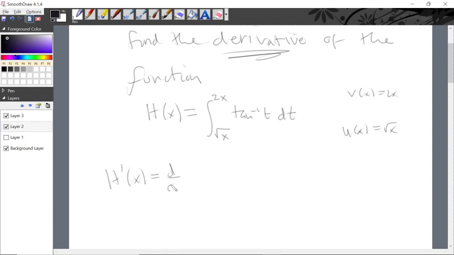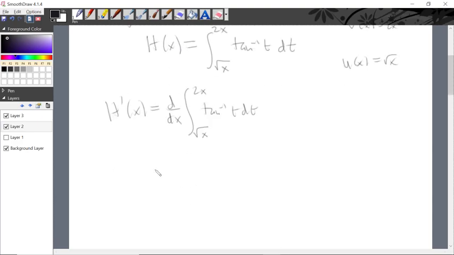Using Leibniz notation, that is the derivative with respect to x of our integral. So by the fundamental theorem of calculus part 1, we're going to plug in the upper bound and the lower bound.